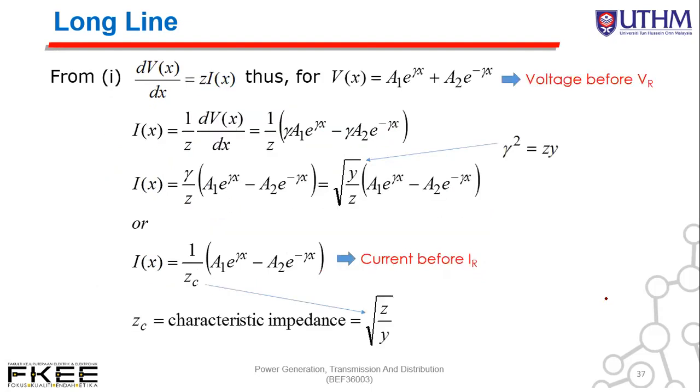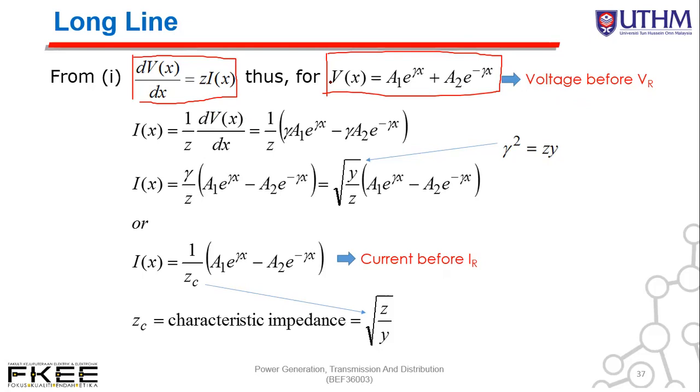From equation 1, we have dVx/dx equal to ZIx. So for Vx equal to this equation, that is A1 e^(γx) plus A2 e^(−γx), this voltage Vx is the voltage before the receiving voltage.